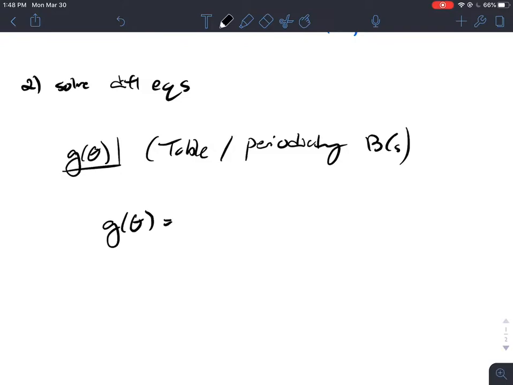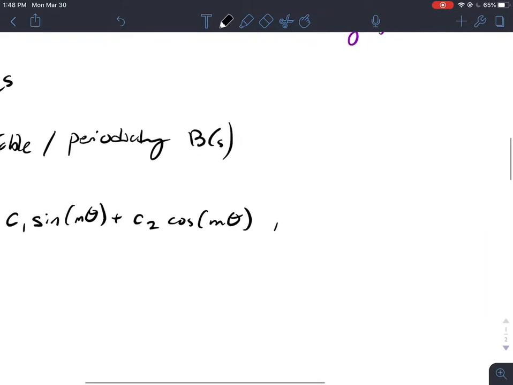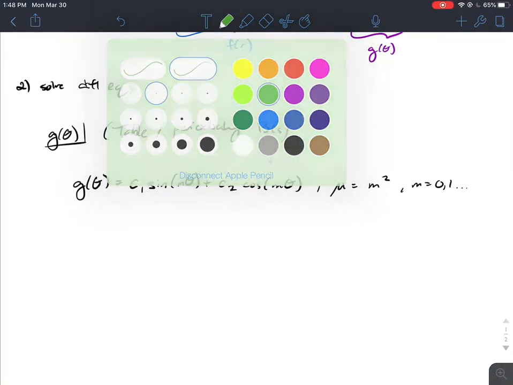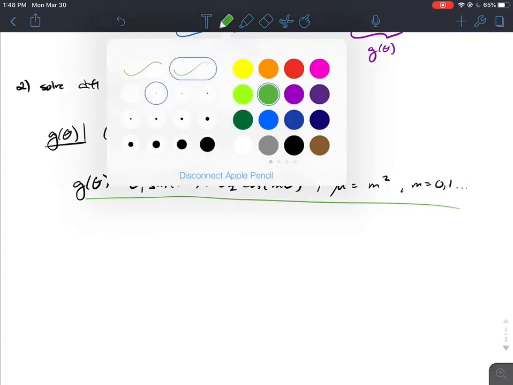And if you pull it out from your table, g of theta is going to be equal to C1 sine m theta plus C2 cosine m theta, where mu is going to be equal to m squared, where m starts from 0, 1 onwards. Okay. So that's g of theta.